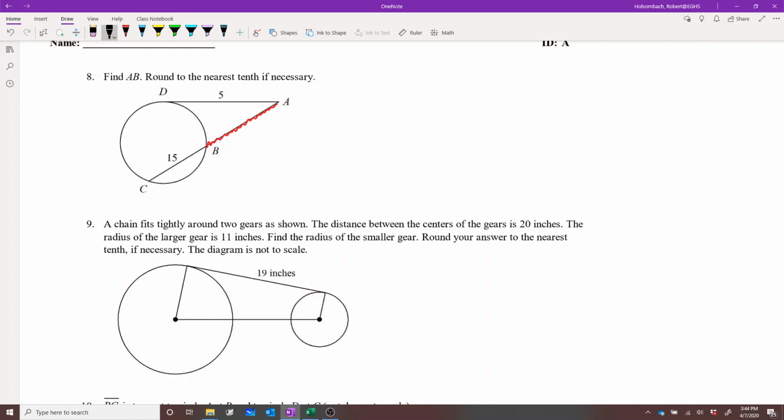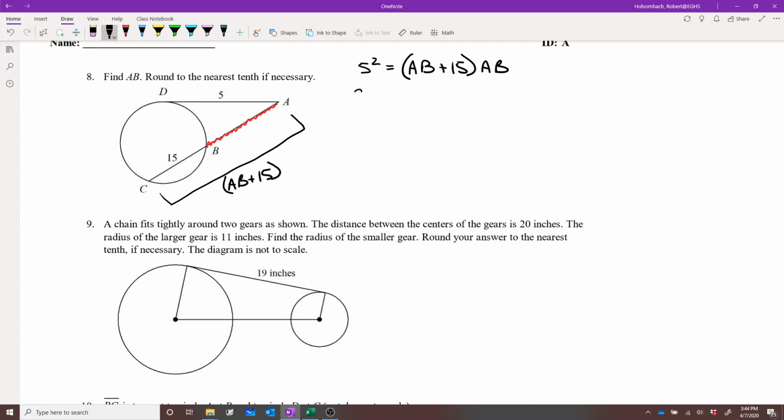So our tangent squared is equal to the entire secant, which is AB plus 15, times the outer portion, which is AB.